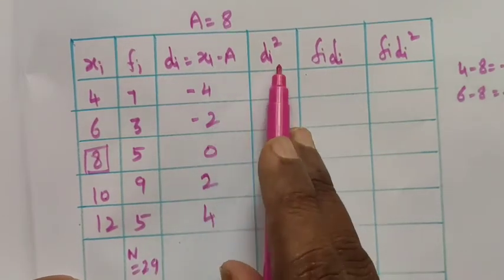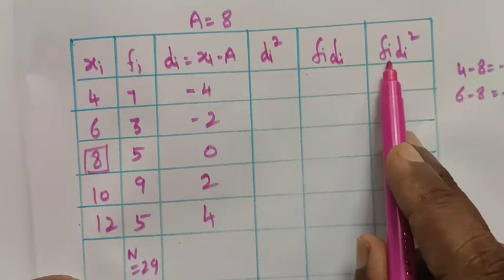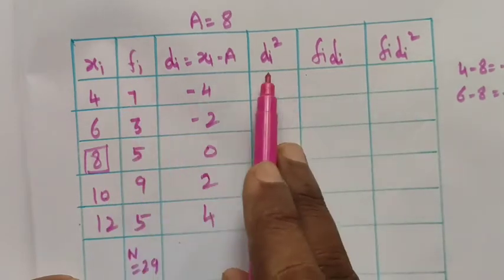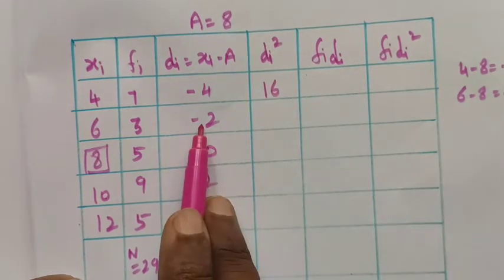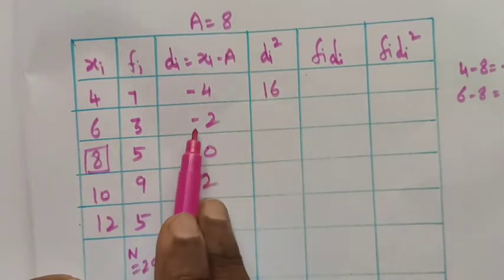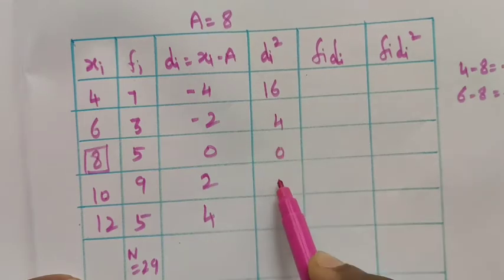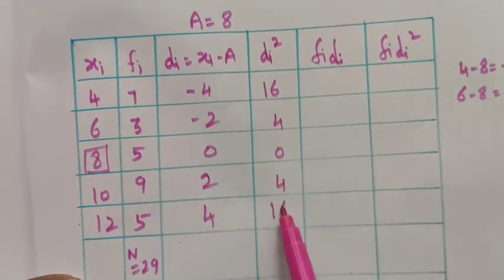Now di square, we are additionally finding it because it is easy to find fi di square. Di square is 16, 4, 0, 4, 16.